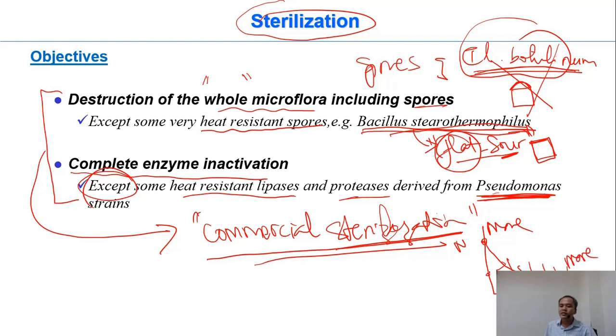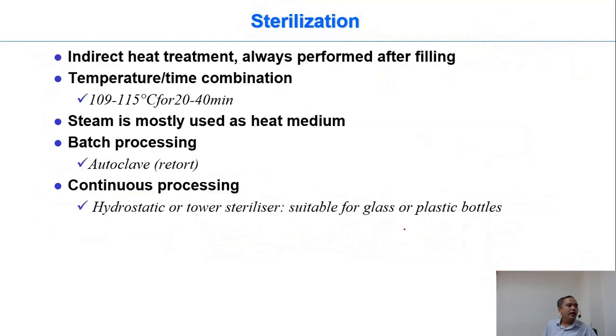If at the beginning you have less, after a period of time you will have less. The remaining number of microorganisms depends on the beginning number of microorganisms. Anyway, according to this curve, it will not go to zero, so you cannot say I do absolute sterilization. But people use the term commercial sterilization. Anyway, now we go next.